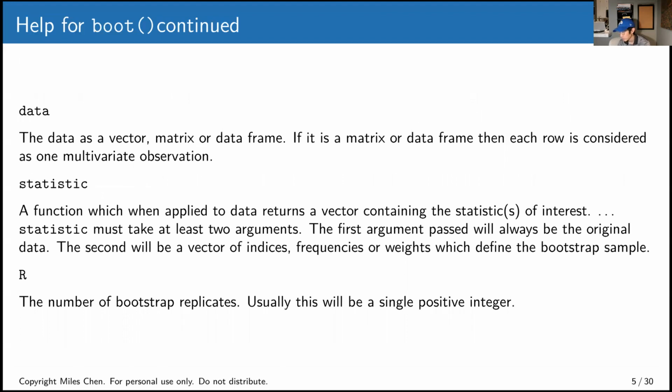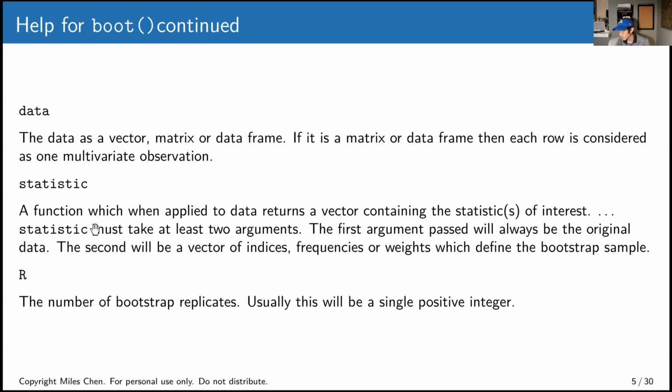Number one is the data as a vector, matrix, or data frame. If it's a matrix or data frame, then boot will consider each row as an observation, and it will resample the rows.